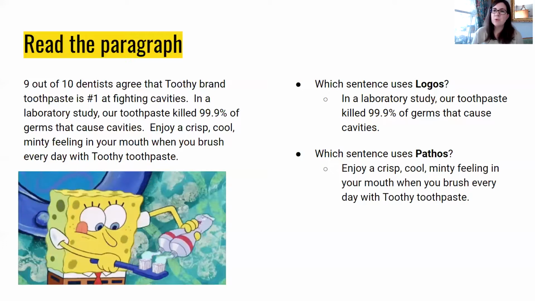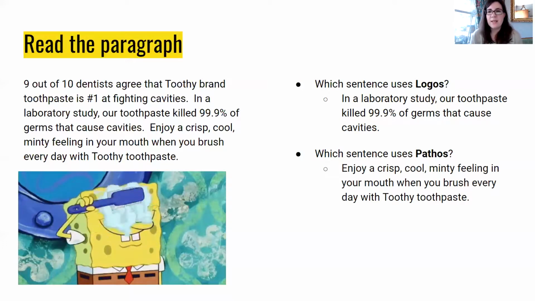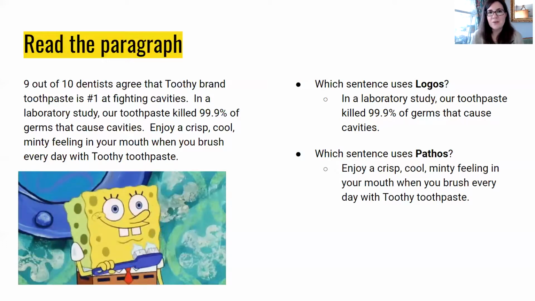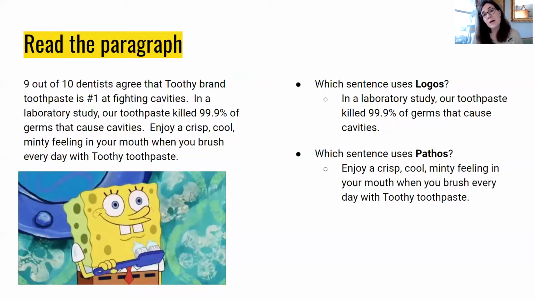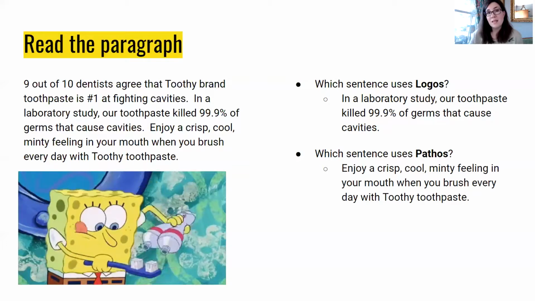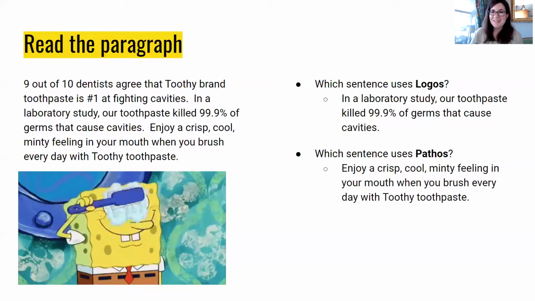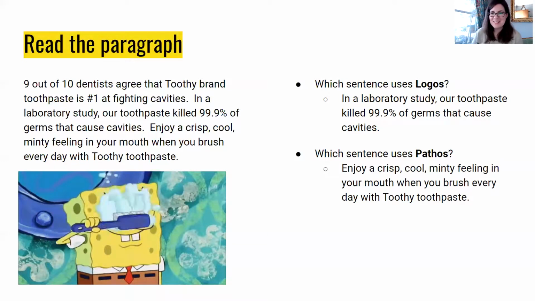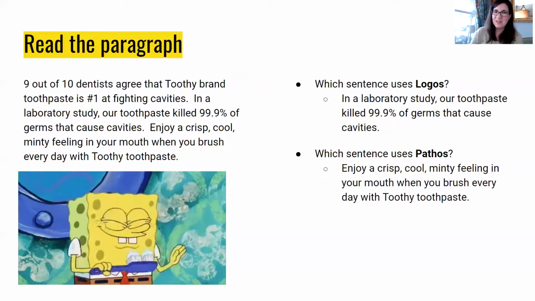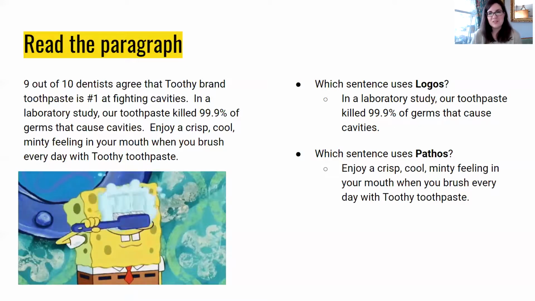So in this, we're getting the audience to imagine that nice minty feeling after having brushed your teeth. This also appeals to values because we are saying that most people do want nice, clean, minty, fresh breath and nice, clean teeth and having that good feeling. So this is definitely an appeal to pathos.